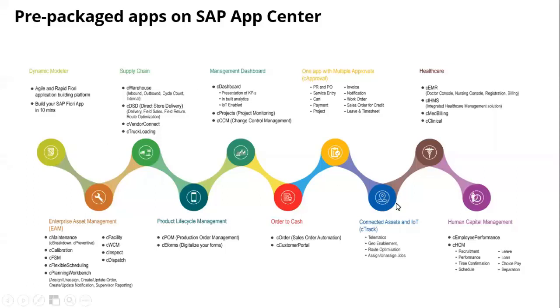So these are certain functionalities which normally every organization requires, including management dashboard or approval process automation when business is on the go for key executives like purchase head, sales head, finance head, to approve the invoices, check the notifications, approve the work orders, sales orders, credit limits, leave and time sheets for project managers, and so on.